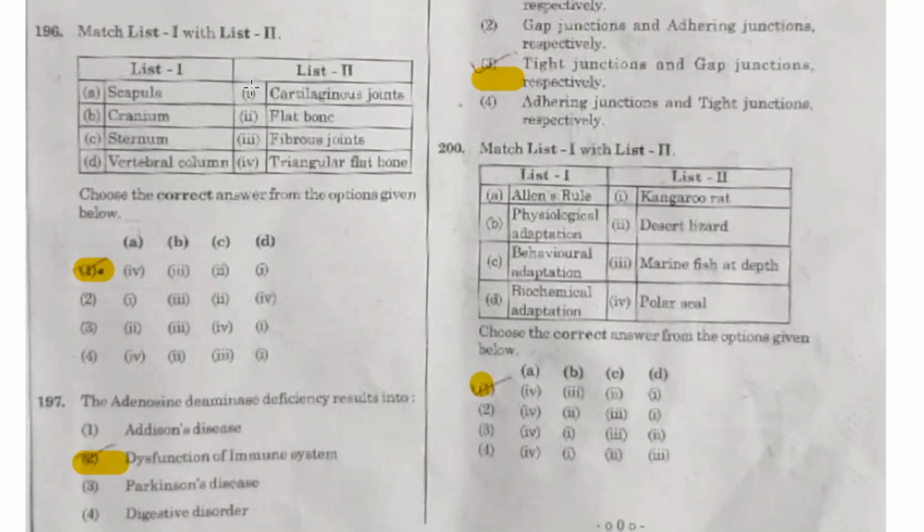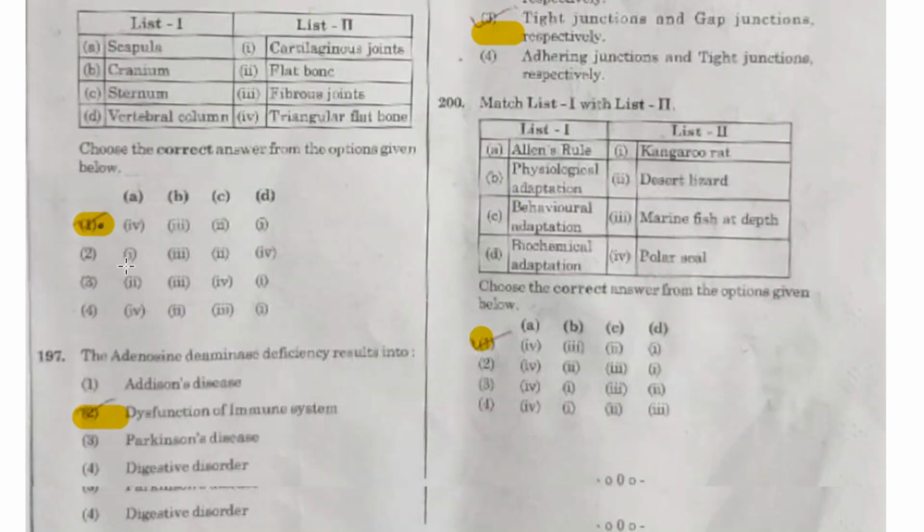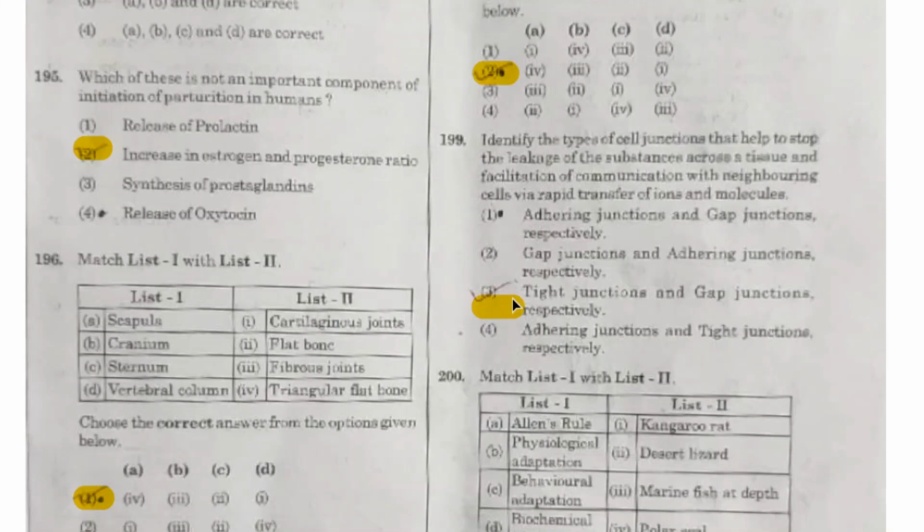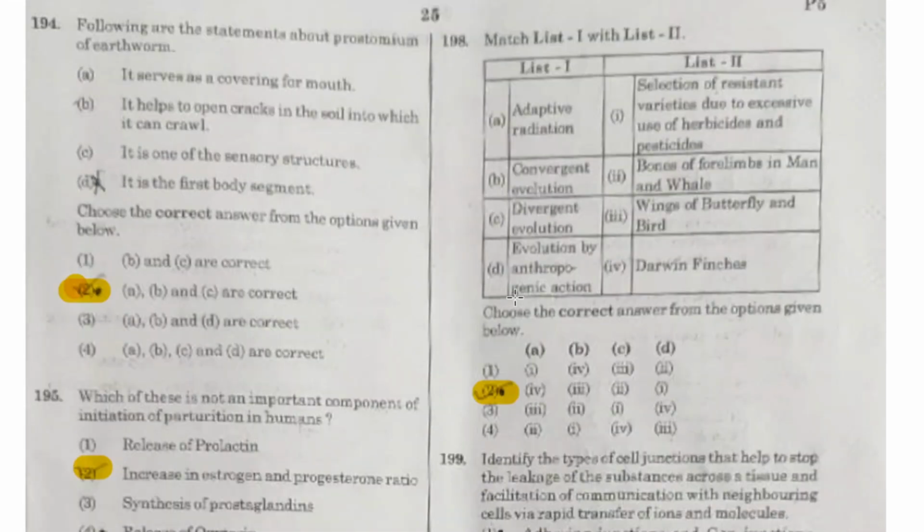NTA key. Match list 1 and list 2. Here scapula, you know, this triangular flat bone. Vertebral cranium, fibrous joint will be there, and so this is the answer, the answer 1. Adenosine deaminase deficiency results in dysfunction of the immune system. Completely it will take off the immune system.